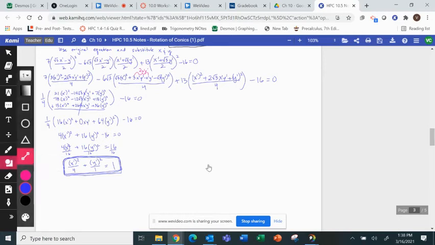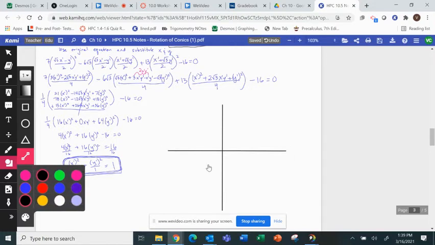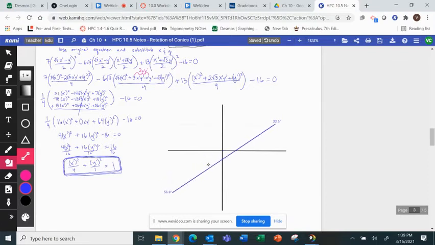Okay, so let's draw XY. And then this is going to be what angle? Pi over 6, 30 degrees. So I'm just going to try to make it 30 degrees. I have to move it a little bit.